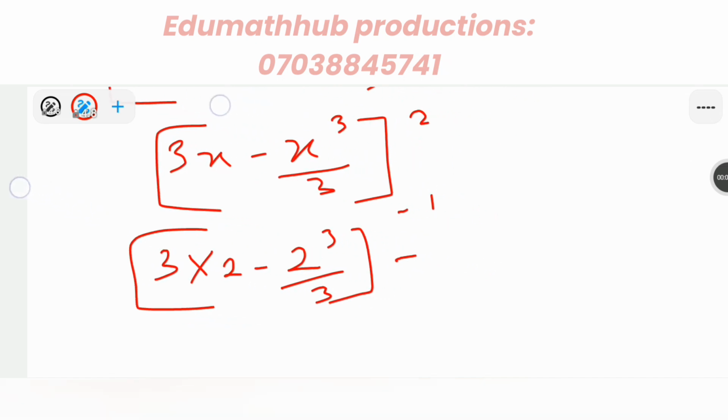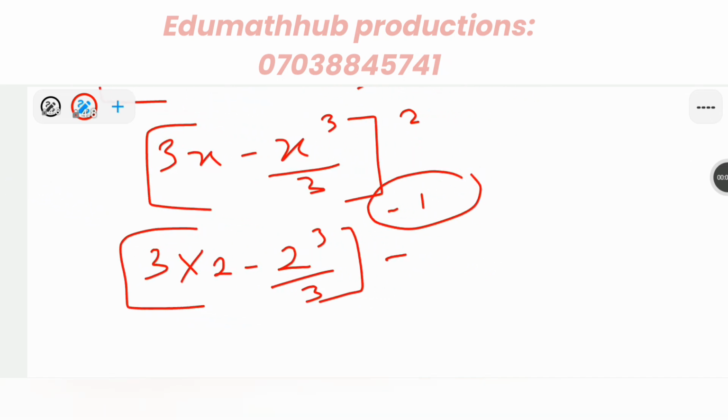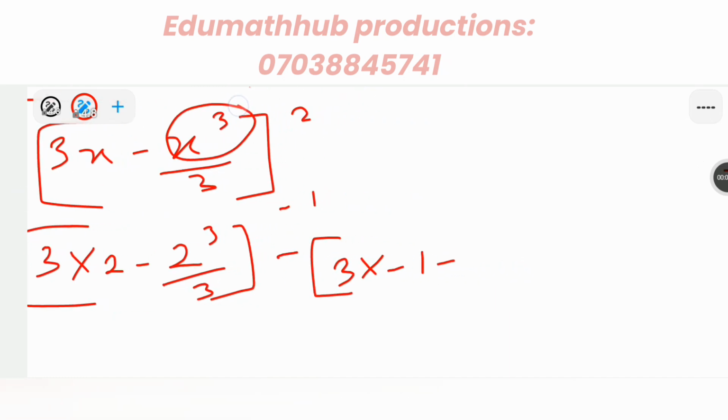Minus, then I'm putting in minus 1 now, the lower limit. So 3 times minus 1, then this guy, minus 1 raised to power 3 over 3.